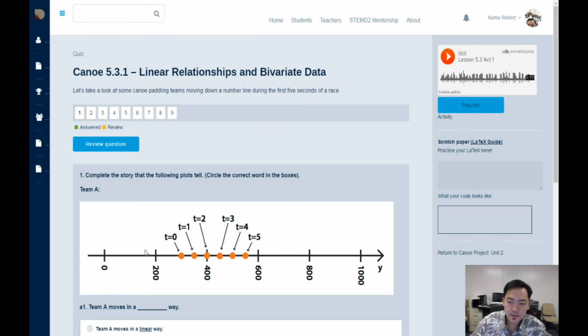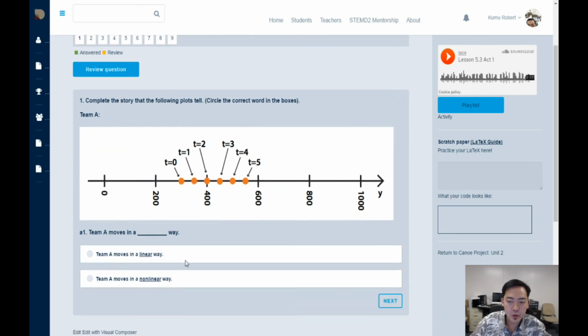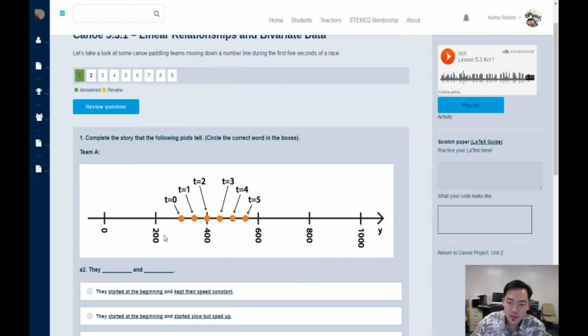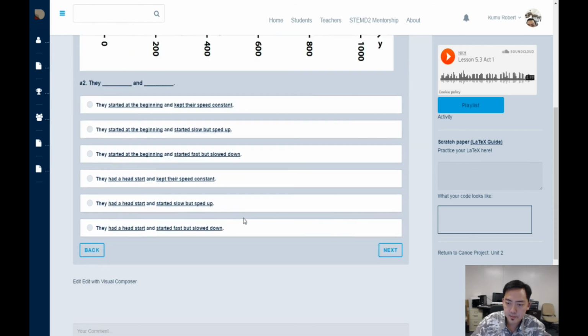So you can see here that Team A has a constant speed. So Team A must be moving in a linear way. We can also see that Team A had a head start, and they kept their speed constant. So we choose this.